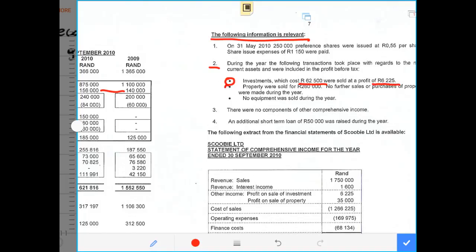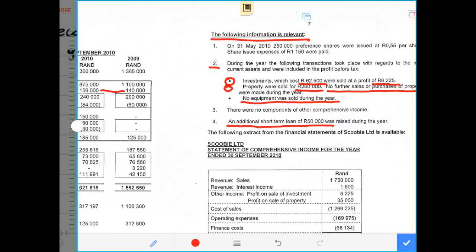Then there was a property that was sold for 260,000, and they say no further sale or purchase of property were made during the year. Then it says no equipment was sold during the year. And number 3 says there were no components of other comprehensive income. And number 4 tells us that an additional short-term loan of 50,000 was raised during the year.